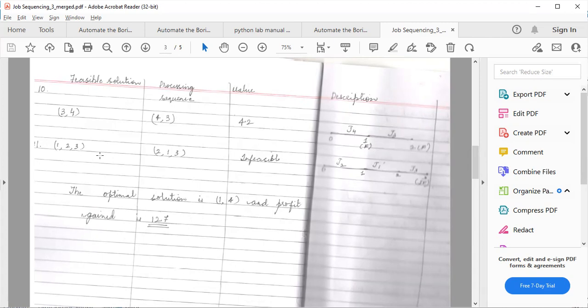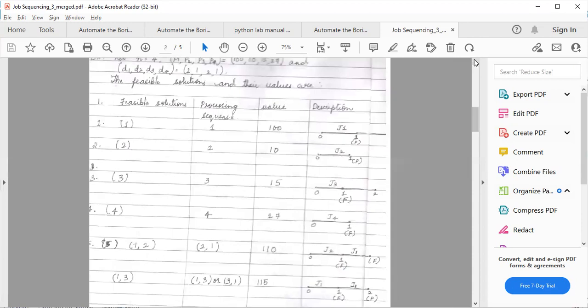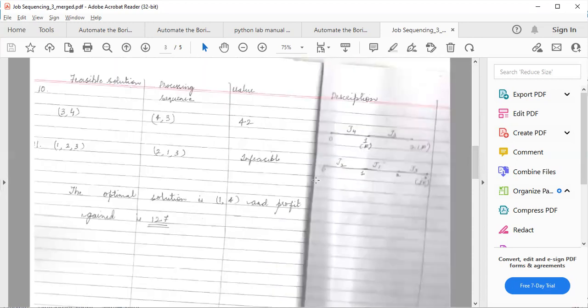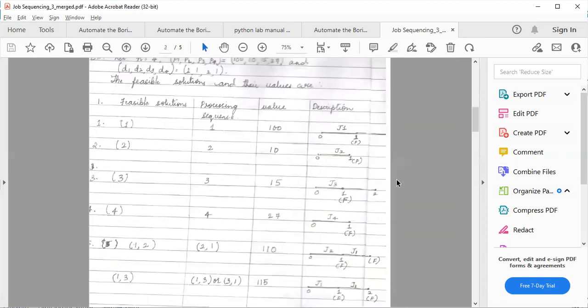Now consider the subset 1, 2, 3. We are ordering it as 2, 1 and 3, because 2 has a deadline of 1 and 1 has a deadline of 2. Now let us see why it is an infeasible solution. Job 2 will be accomplished in a unit of 1. Even job 1 can be completed, because job 1 has a deadline of 2.